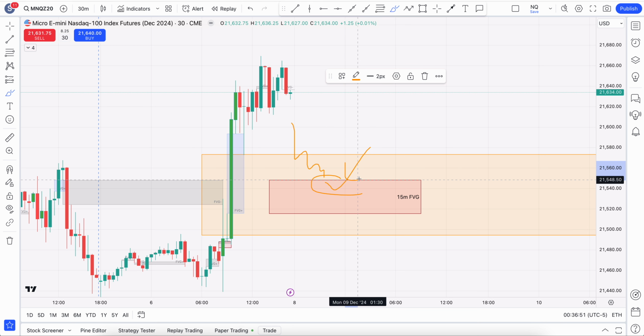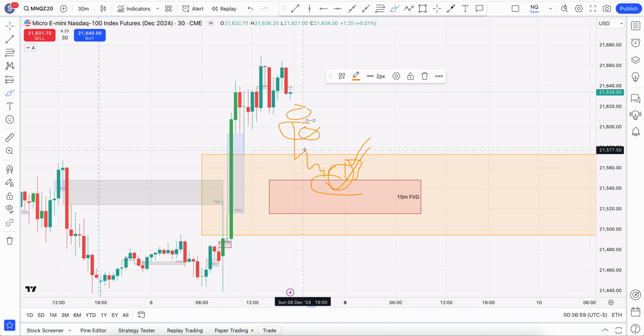Then I'm going to go in and trade a reversal from around this area, and not before it, not here, not here, not here, but once it touches it and goes in, and then it shows us a reaction out of it, and depending on the reaction, I'm going to trade it.